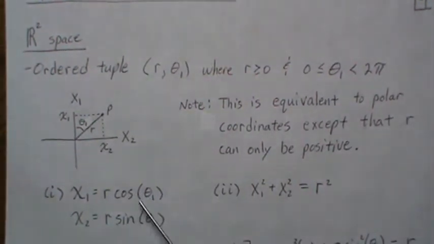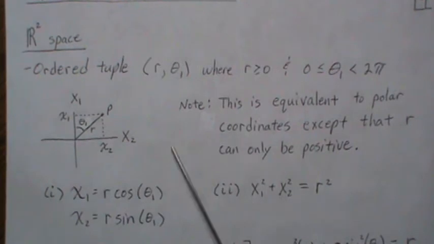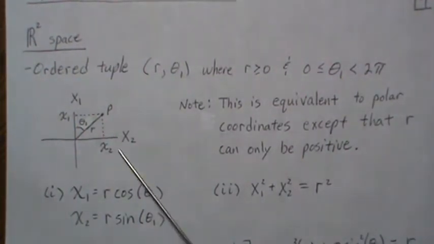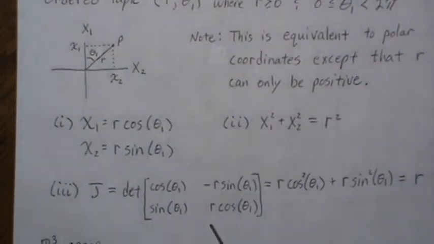So this is how you go from spherical coordinates back to the Euclidean system, or the XY plane, the Cartesian coordinate system. And then if you plug in what we know for x1 and x2, then x1 squared plus x2 squared is r squared, that distance.